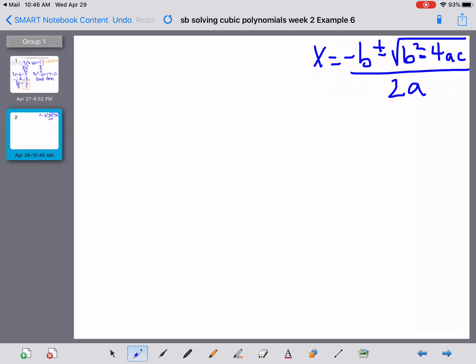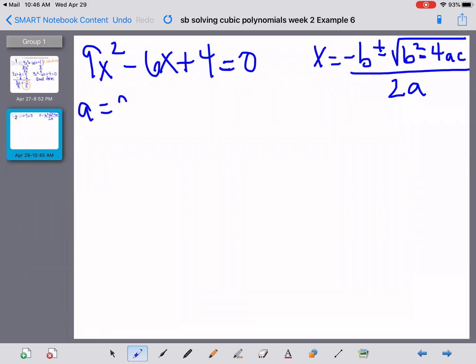So there's the quadratic formula. The equation that we need to solve is 9x squared minus 6x plus 4 equals 0. And a is 9, b is negative 6, and c is 4.